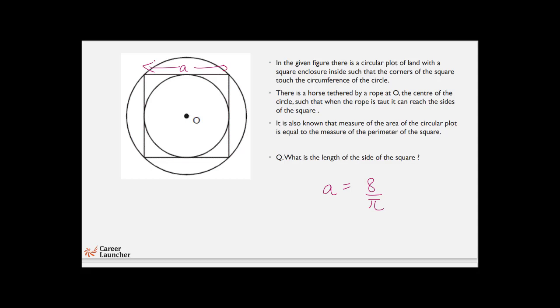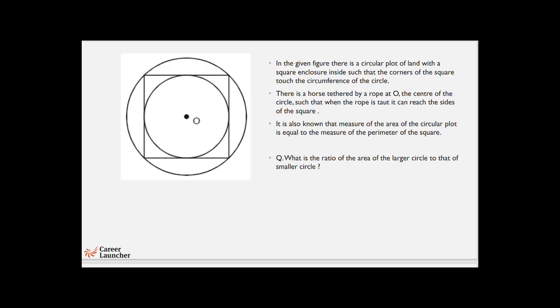If we want the definite value, we can find that also. 8 upon 22 by 7, that's 56 by 22, and that comes out to be 2.54 units, because in this question nothing has been mentioned about units, so we are saying units.